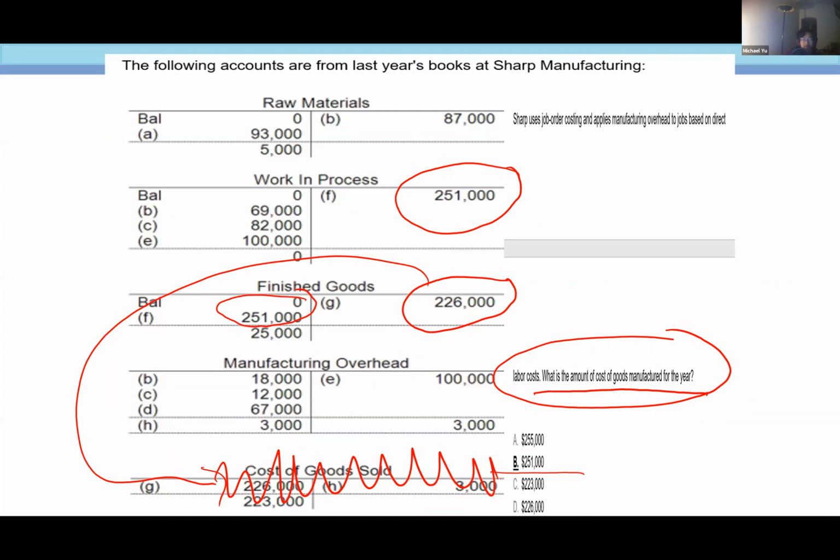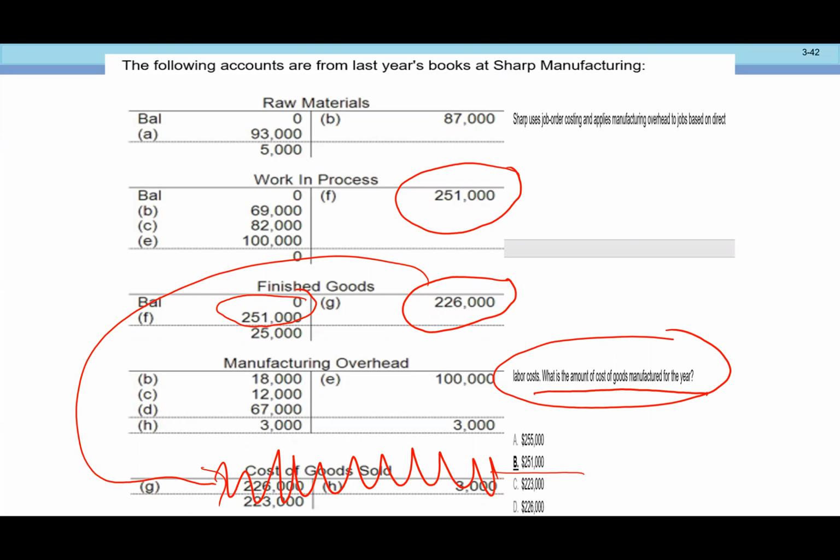No. Manufacturing cost has a very specific definition, guys. Would it be B, C, and E in work in process? B, C, E, which are the things that got added to my work in process, right? My direct material, my direct labor, and my manufacturing overhead applied, right?